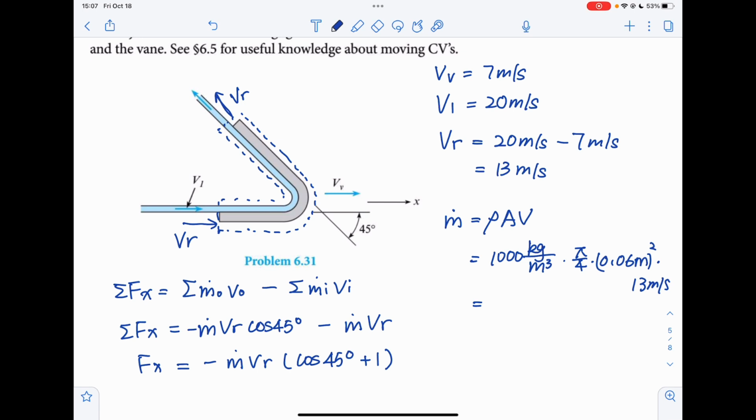So the m dot is actually 36.76 kilograms per second.